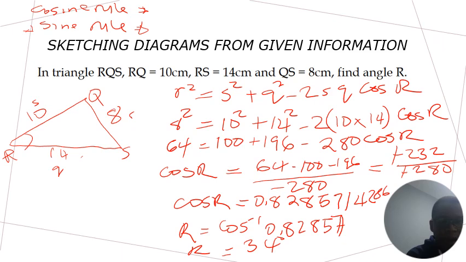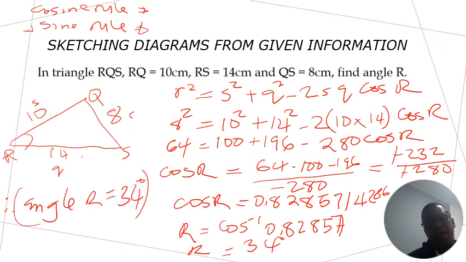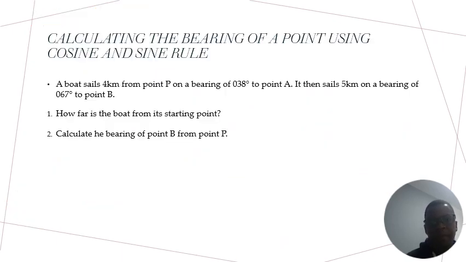So angle r, therefore, you can say therefore angle r is equal to 34 degrees. Okay, simple. Let's go to the next slide.